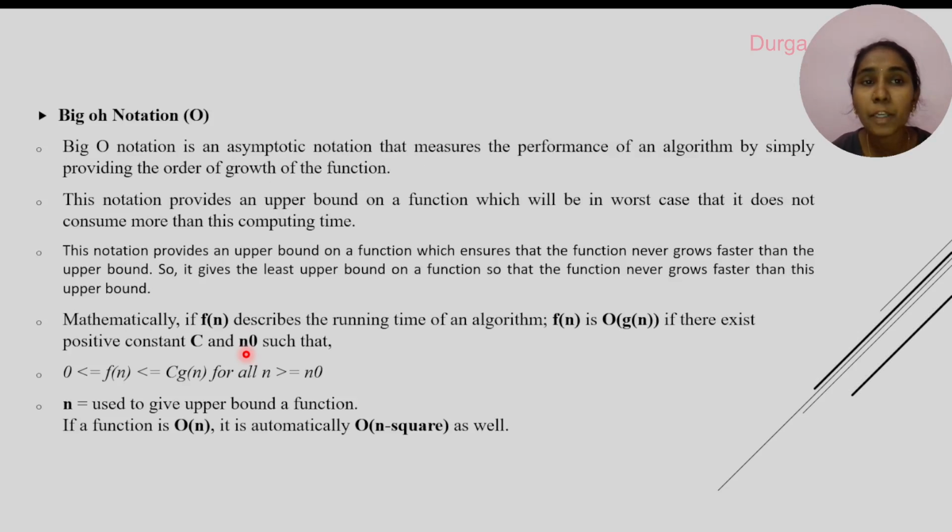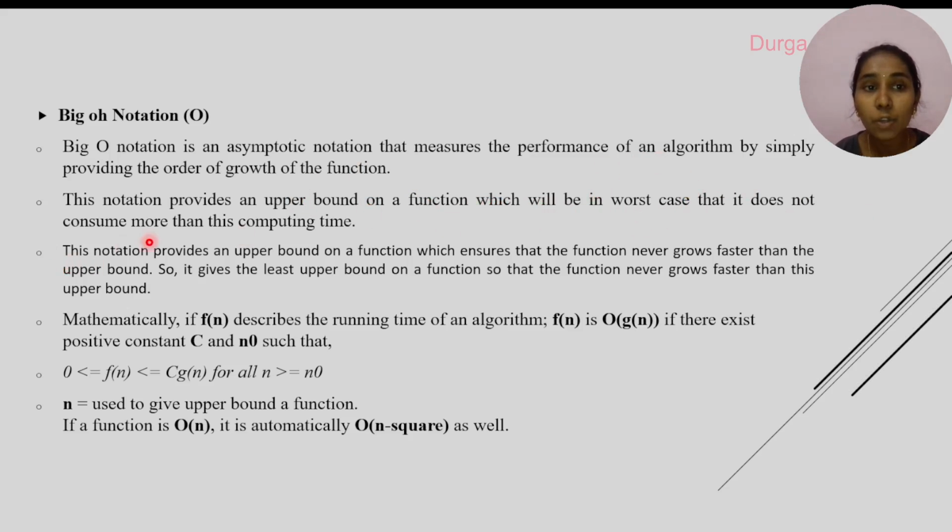The first one is big O notation. Big O notation is an asymptotic notation that measures the performance of an algorithm by simply providing the order of growth of a function. This notation provides an upper bound on a function, which is the worst case.